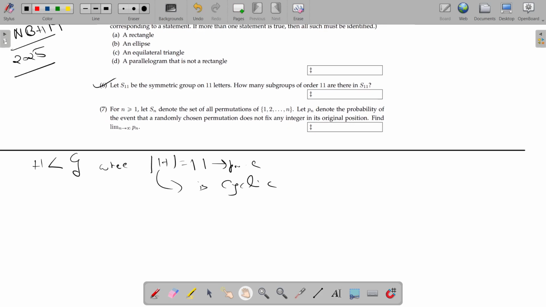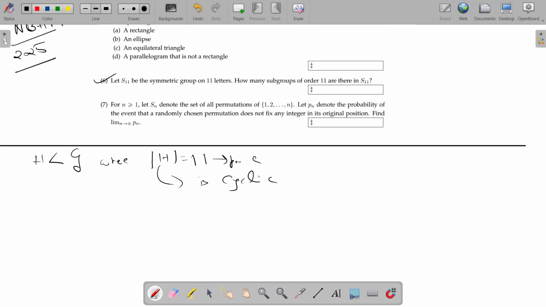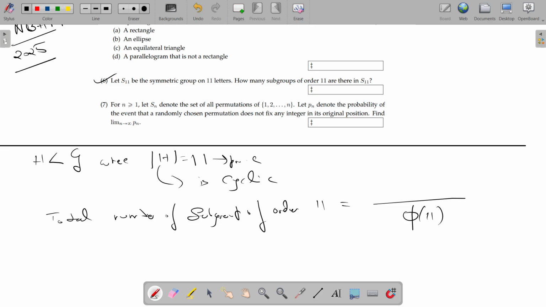So basically, the total number of subgroups of order 11 is phi 11 and the total number of elements of order 11, right?